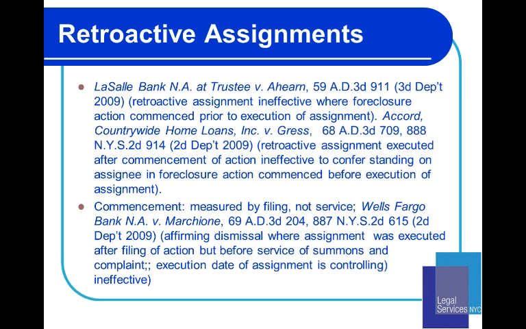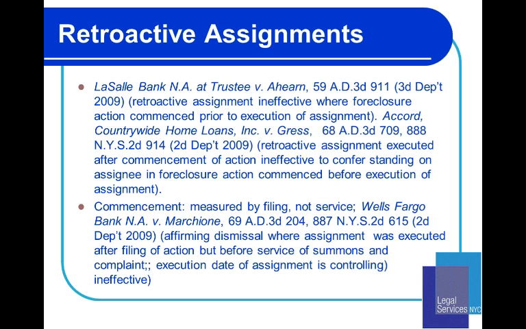Again, here are some more authorities concerning the fact that retroactive assignments are ineffective. In particular, there was some question up until the Marchione decision from the Second Department about when commencement of the case is measured from. The plaintiff there tried to argue that it's measured from the service of the complaint, so that where they had executed the assignment after they commenced the action by the filing of the summons and complaint, but had not yet served it on the defendant, they were still good.